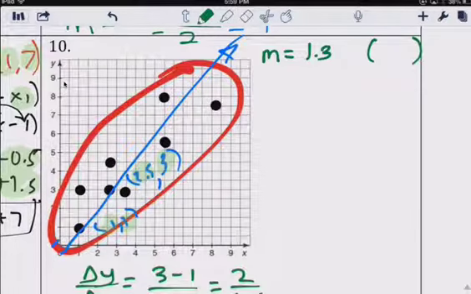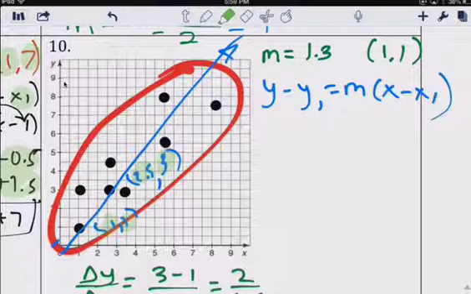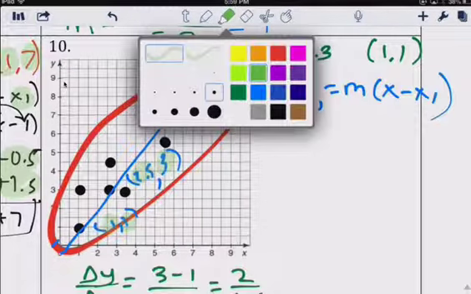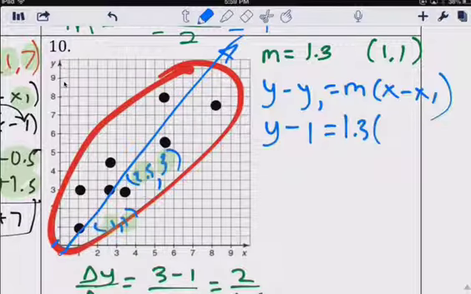And we're going to use (1, 1) as that point. Go y minus y1 equals m parentheses x minus x1. Y minus 1 equals 1.3 times x minus 1.